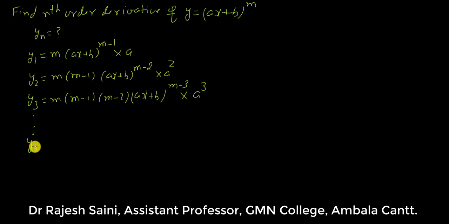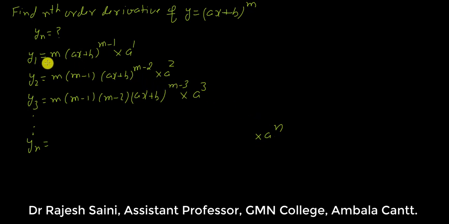In the end you will get yn. So see the generalization: when here is 2, here is 2; here is 3, here is 3; here is 1, here is 1. So whenever here is n, you can write it as a raised to the power n.